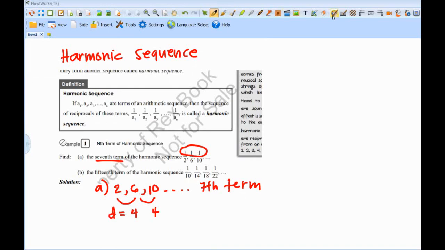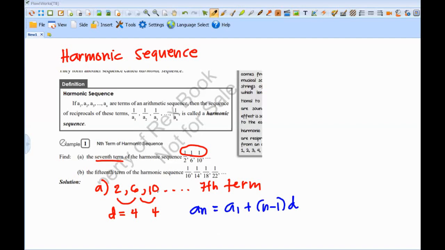What is now the formula that we are going to use? We have a sub n is equal to a sub 1 plus n minus 1 times d.